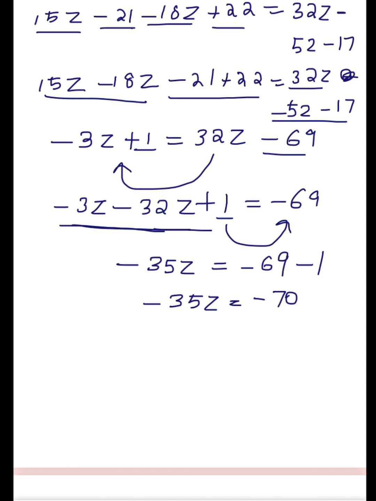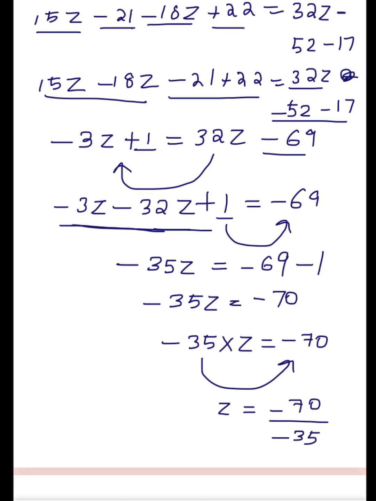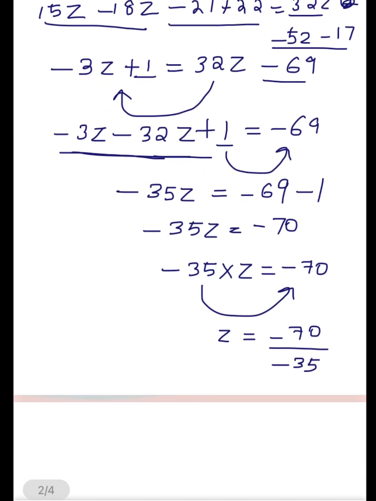Now minus 35z means minus 35 into z equals minus 70. So you have to take this minus 35 to the other side. So z equals minus 70 divided by minus 35, which is 2. So z equals 2 is the answer for the ninth question.